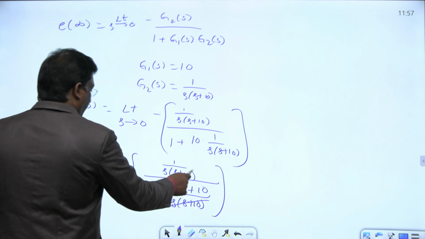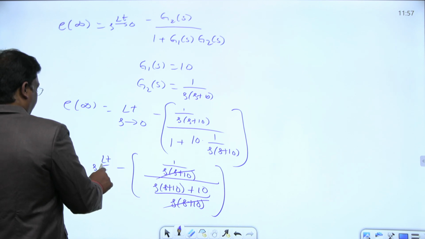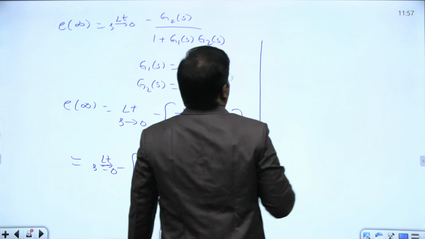Taking the LCM in the denominator, these two get cancelled. Limit s tends towards 0.